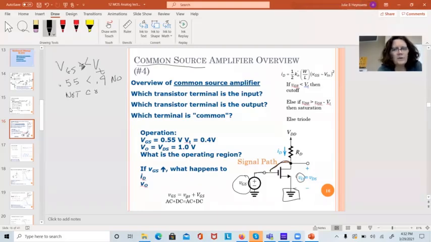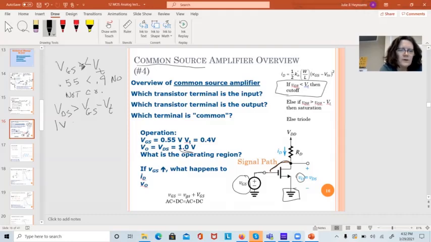And the next thing we want to figure out, I'm just using this set of rules over here. I actually have these memorized. If VDS is greater than VGS minus VT, then we're in saturation. My VDS is 1.0 volt.